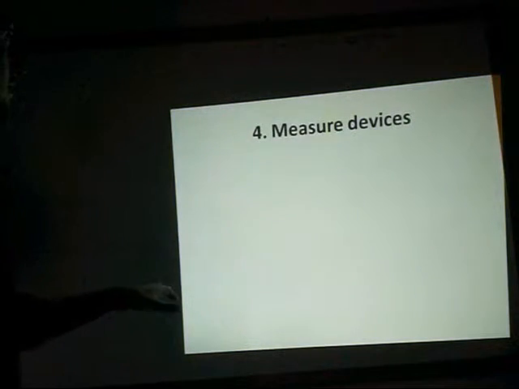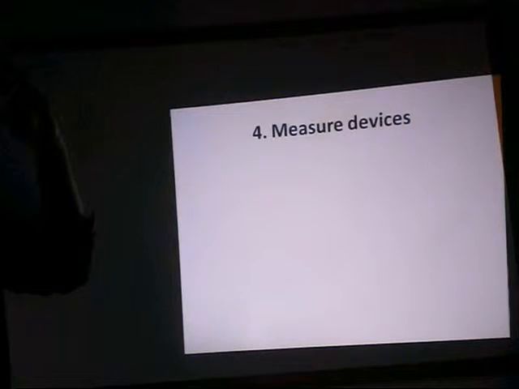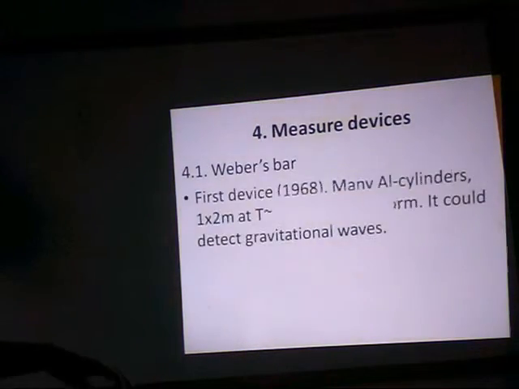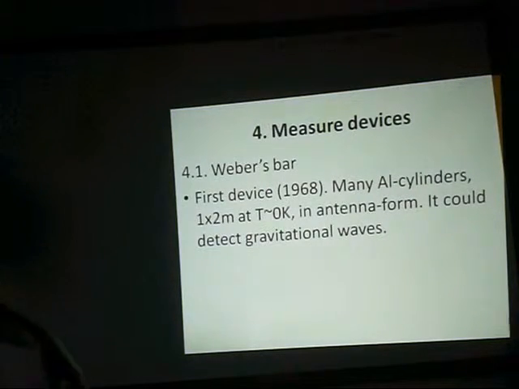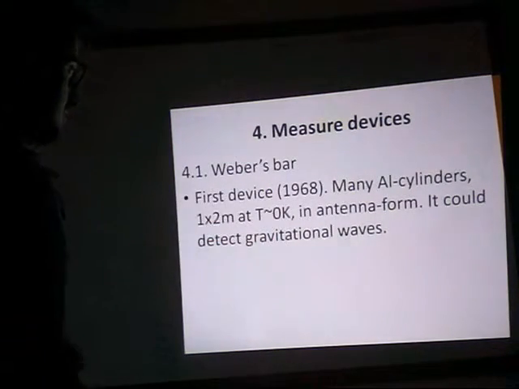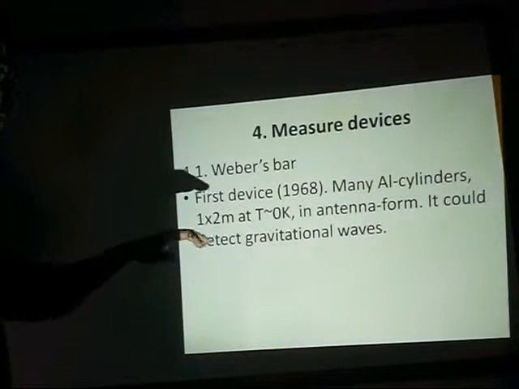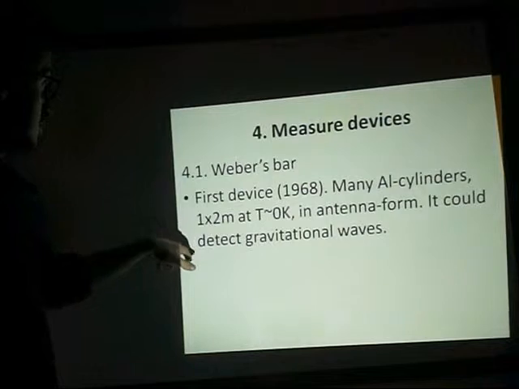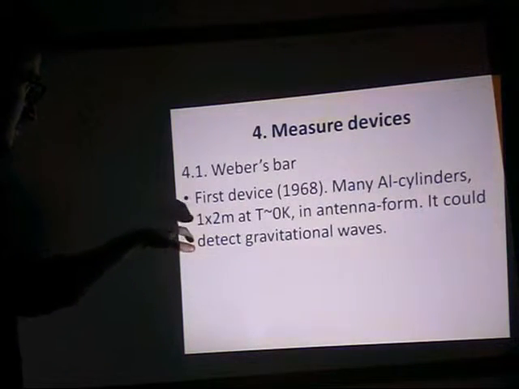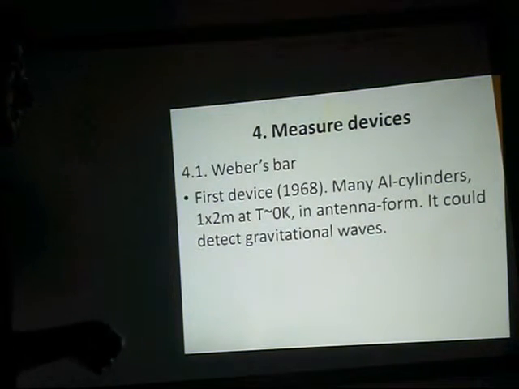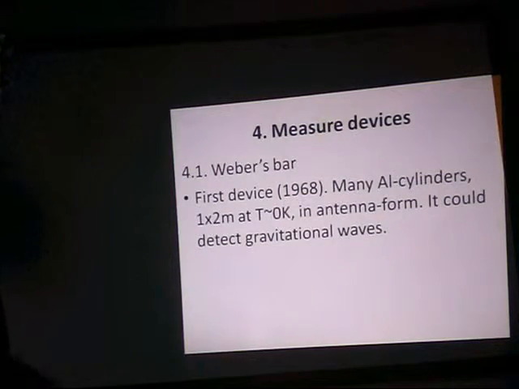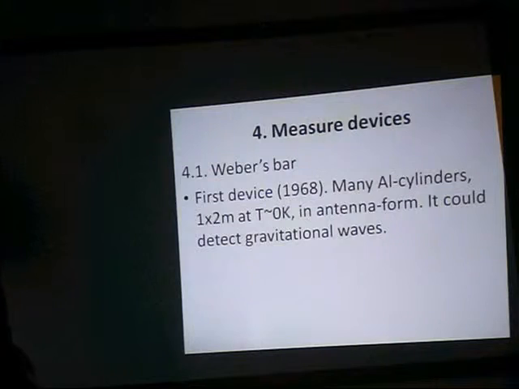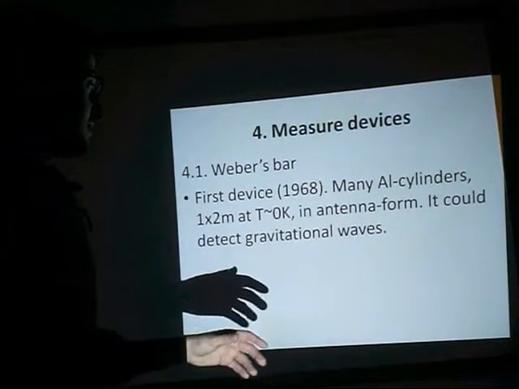And well, I begin with the measuring devices. The first one is the Weber bar. It's the first one, from 1968, by Weber. It consists of an aluminium cylinder with dimensions of 1 meter of diameter and 2 meters of length, at a temperature approximately 0 Kelvin.